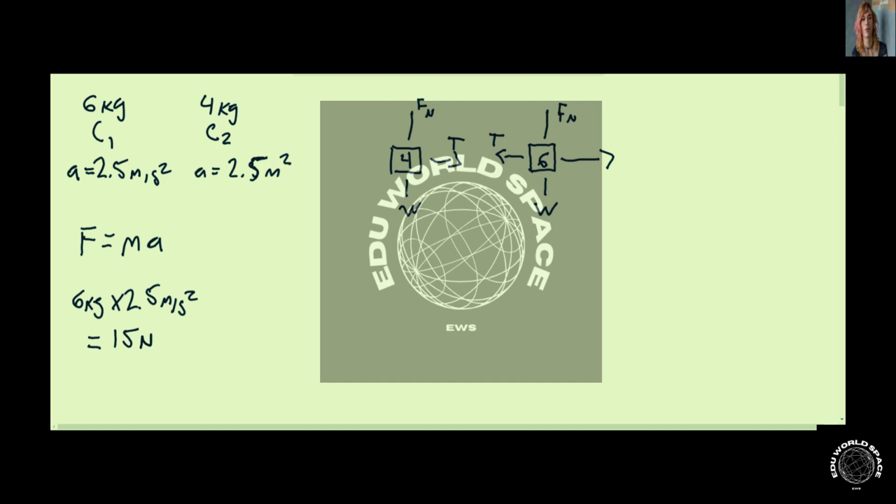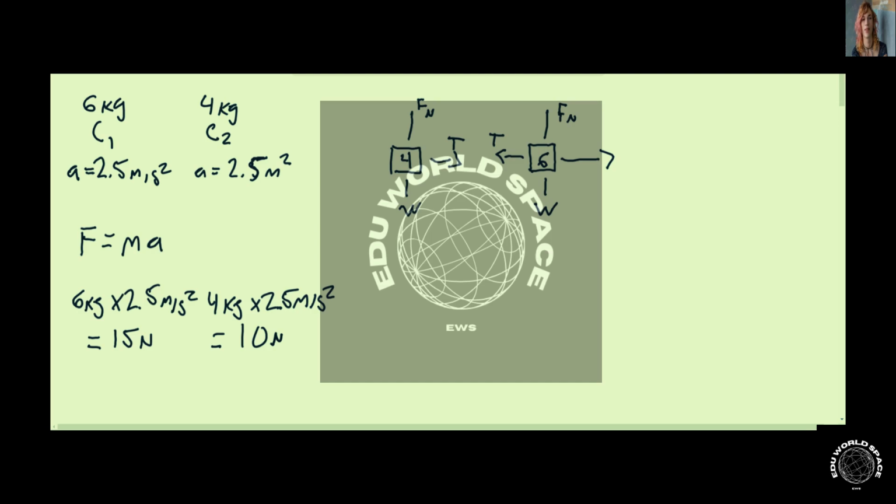And over here, it would simply be 4 kilograms times 2.5 meters per second squared. And that's going to give you 10 newtons. So that being the split, the net force is going to be 5 newtons that way with the 6 kilogram one.